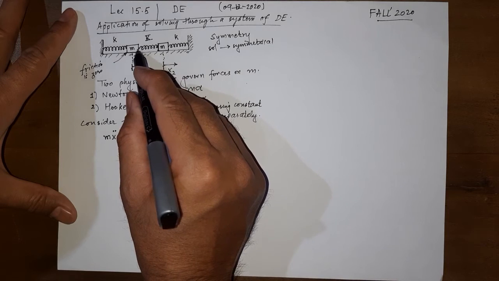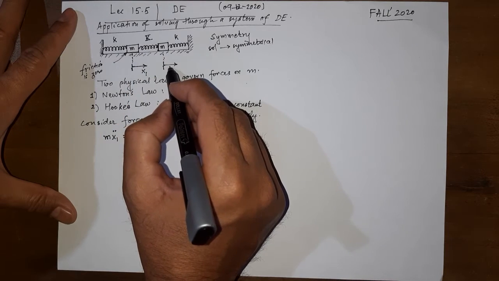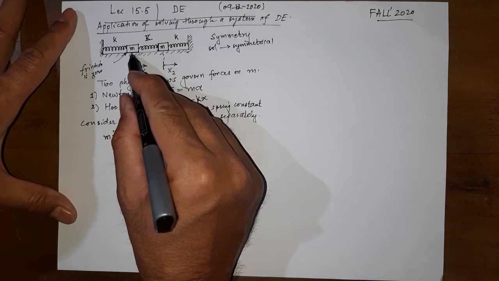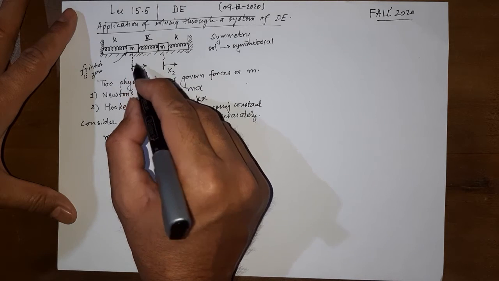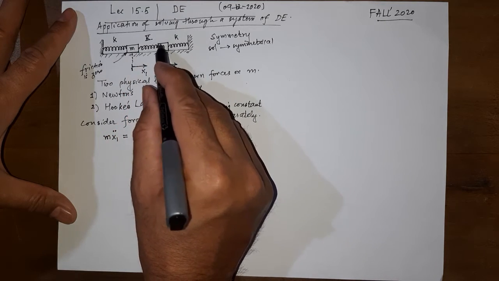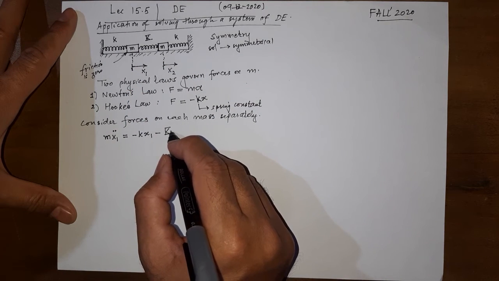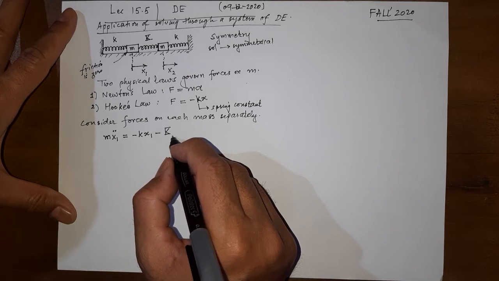And if this mass x2 is fixed here, and basically only x1 is changing, then we would have minus k x1 here only.